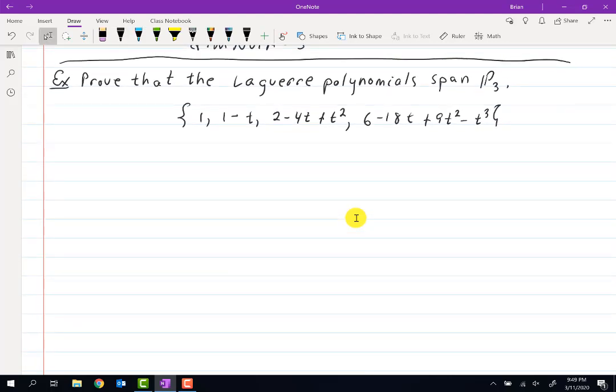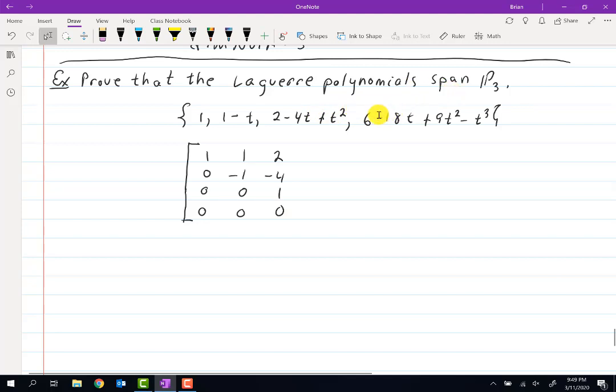So from this, I'll form columns. If you think of the 1, I'll see if I can make this underneath of the items in there. So for 1, this is like 1, 0, 0, 0. For 1 minus t, this is like 1, negative 1, 0, 0. For 2 minus 4t plus t squared, I'll have 2, negative 4, 1, 0.